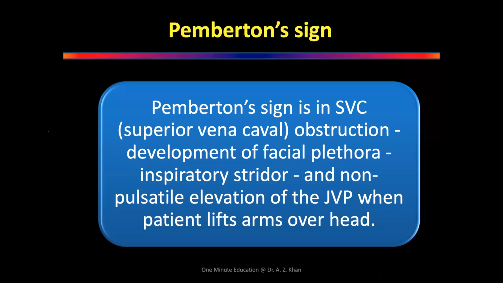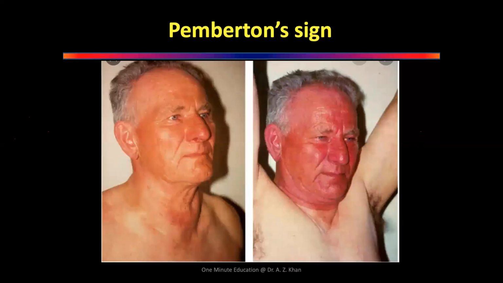Now, Pemberton's sign is in SVC obstruction. So there is development of facial plethora, inspiratory stridor, and non-pulsatile elevation of the JVP when the patient lifts the arm over the head. For thoracic exam, this will come for sure. So Pemberton sign is in SVC syndrome, okay? SVC obstruction. So you saw the picture, very classic.